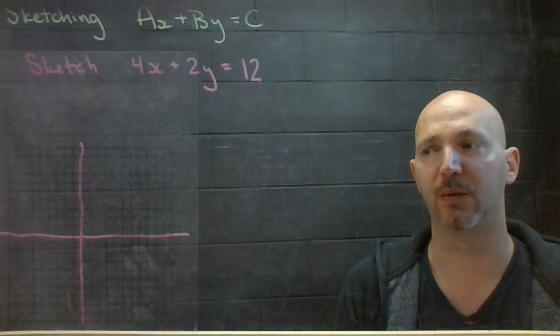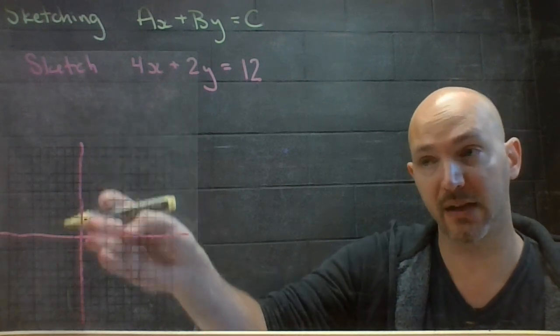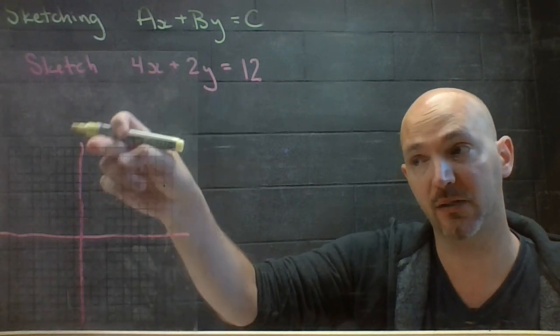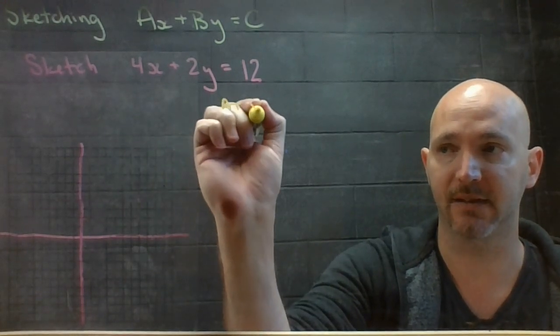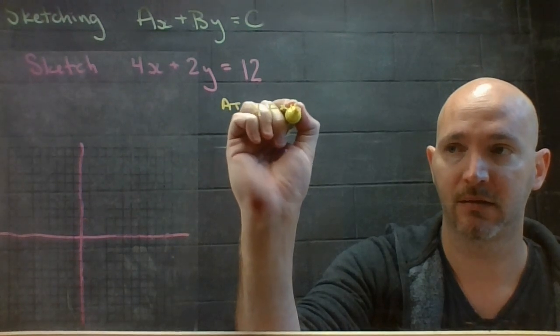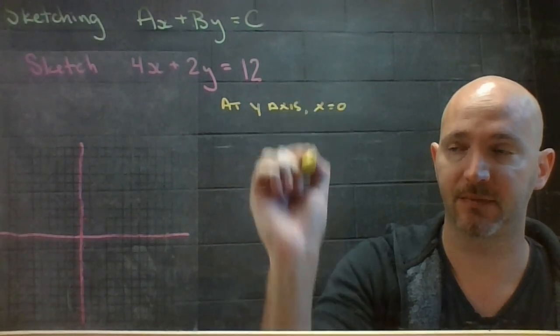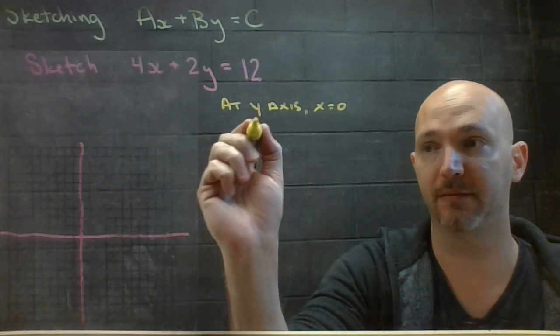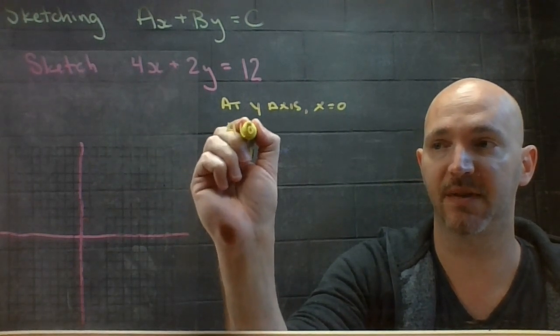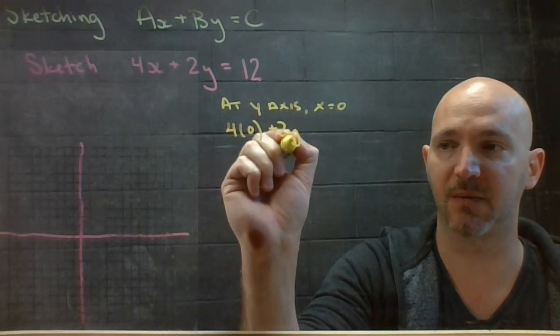Okay, so we're going to start by trying to find where this particular line crosses the y-axis. So at the y-axis, x equals 0. So I'm going to take this, I'm going to put it in there. 4 times 0 plus 2 times y equals 12.